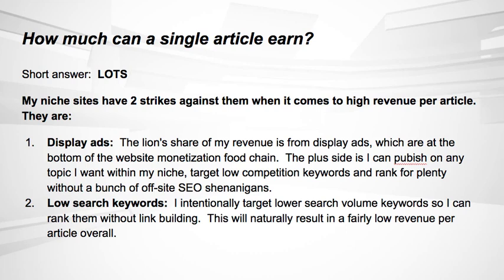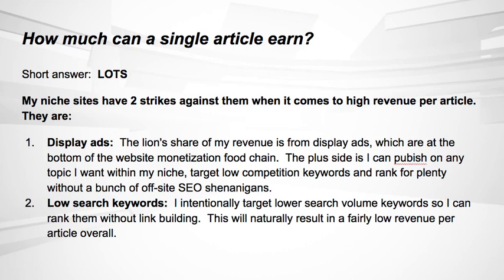But the point is I tend to look for keywords where it's fairly easy to rank without having to do anything other than click publish and produce a very good article. And so the natural extension of that is there is not a lot of search volume behind this because there's not much money behind it, so that's why the competition is lower, right? The huge players aren't interested in it. If they're going to invest in content, they're going to focus on content that has much more profit potential.